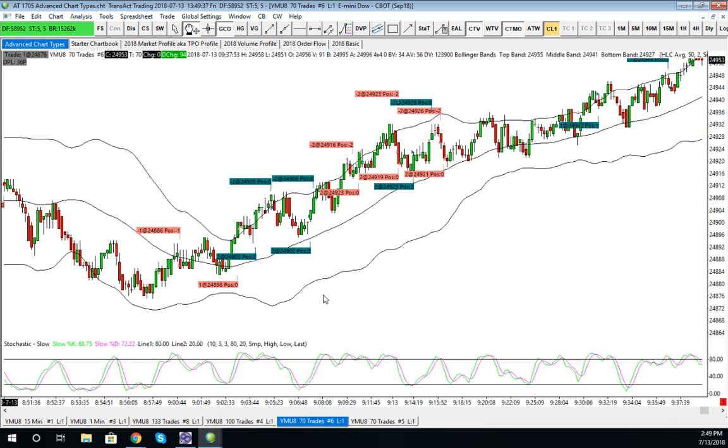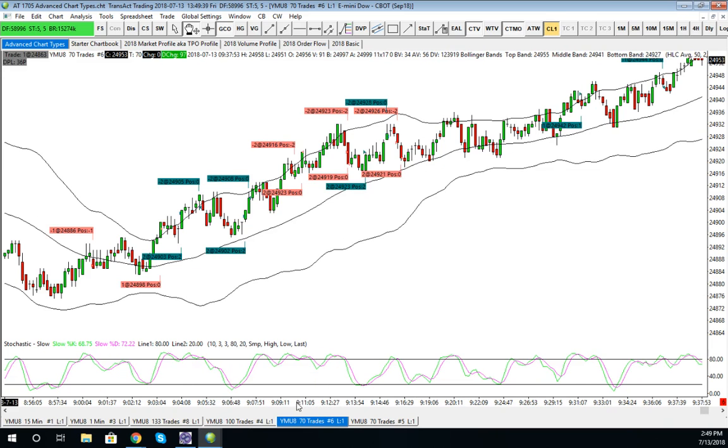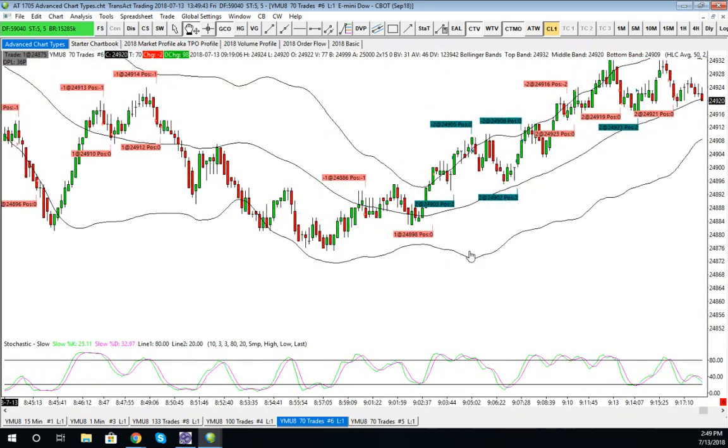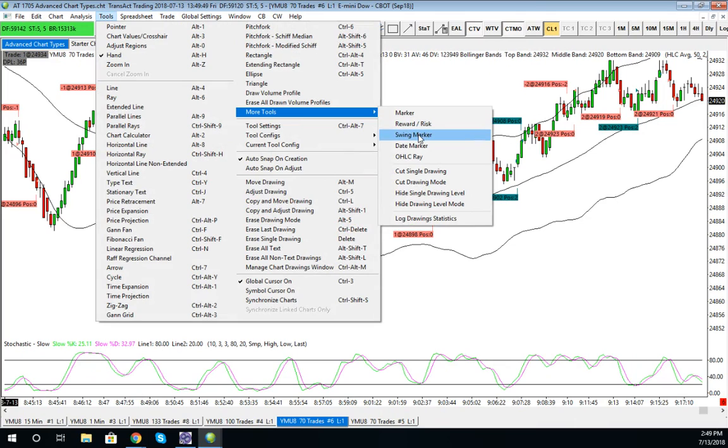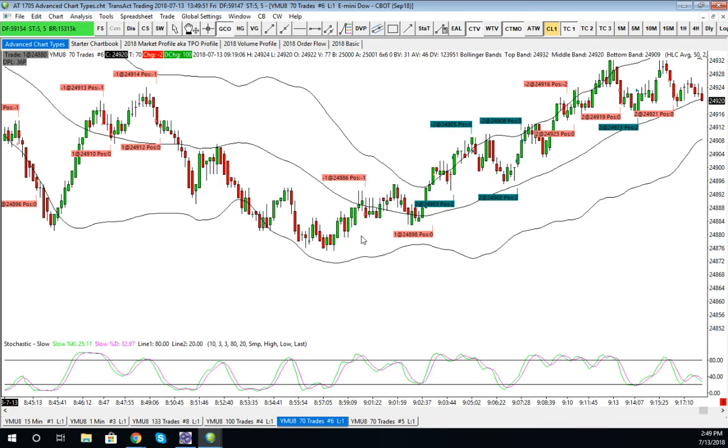Okay. The first one is here. Let's see. Tools. Let's point to this trade. This was a short trade on this bar.